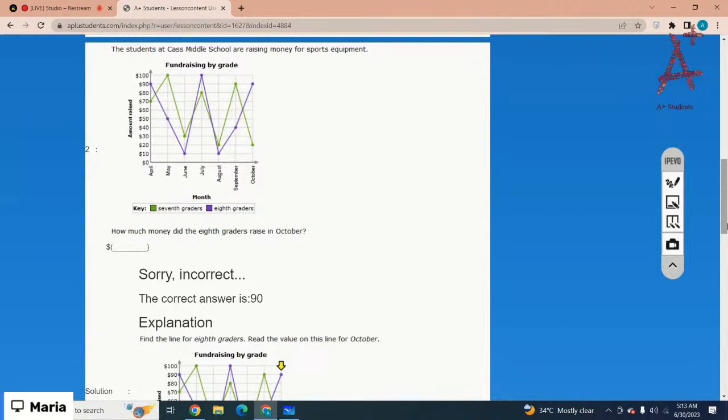So you have to look for the month October. You have to look for the eighth graders. So eighth graders are the purple color. So here you have October, just check for the purple. It would be $90.